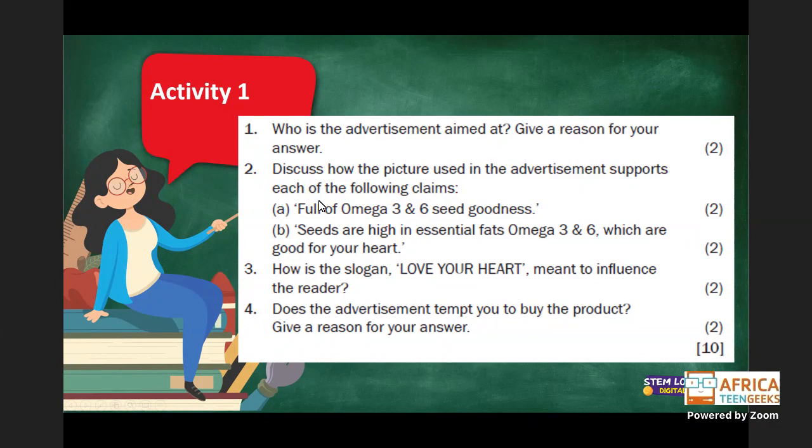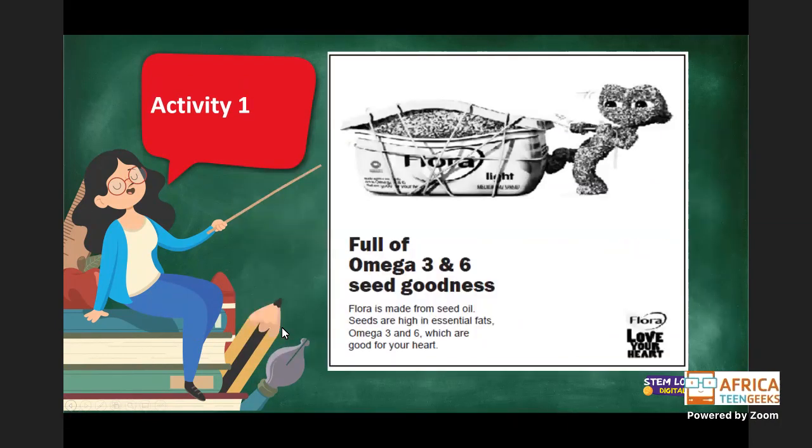So discuss how the picture used in the advertisement supports each of the following claims. Full of omega-3 and 6 seed goodness. Seeds are high in essential fats, omega-3 and 6, which are good for your heart. So how would you say there? Let's have a look at the picture, okay?